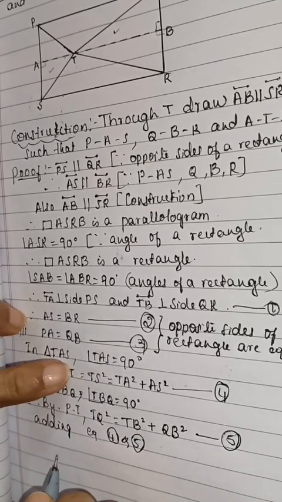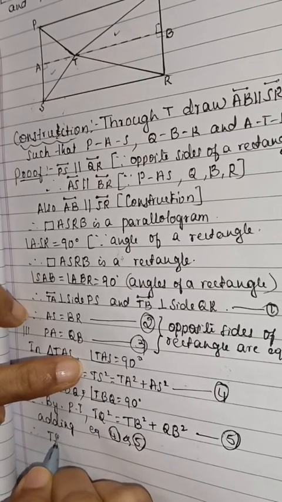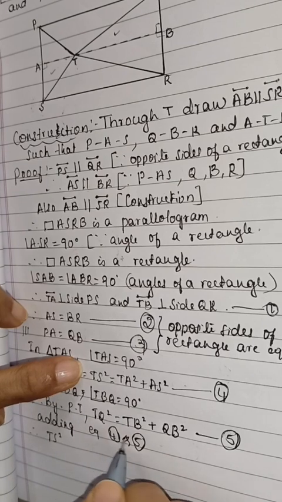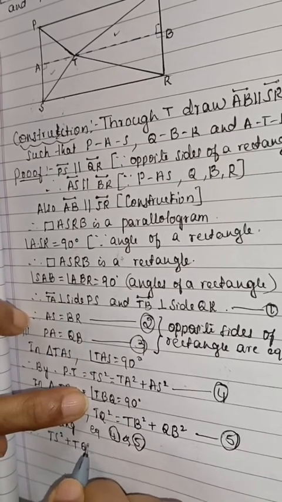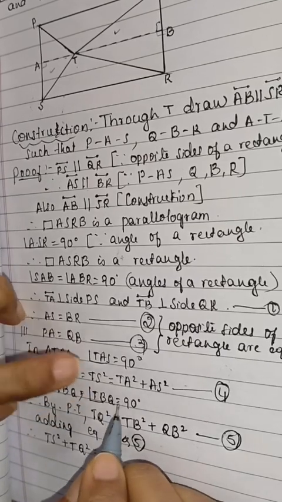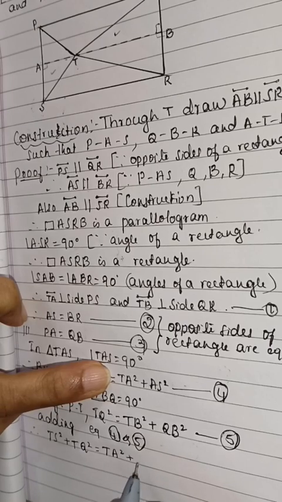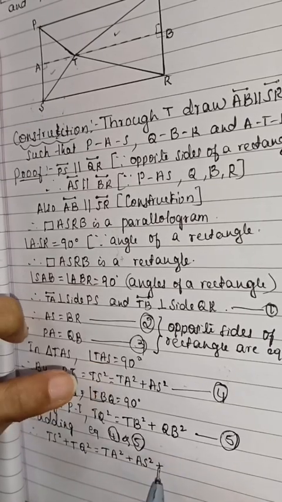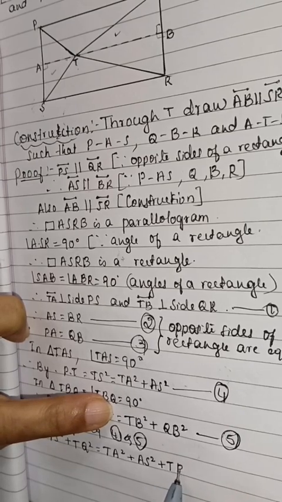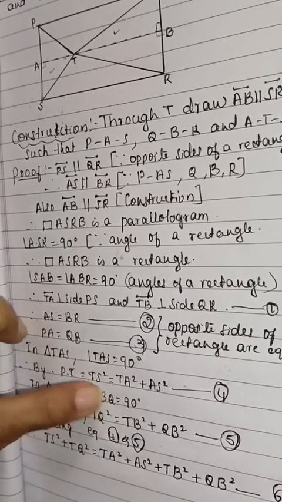Okay, so write TS square, therefore TS square plus TQ square equal to TA square plus AS square. Now addition of fifth one, TB square plus QB square. This is equation number 6.